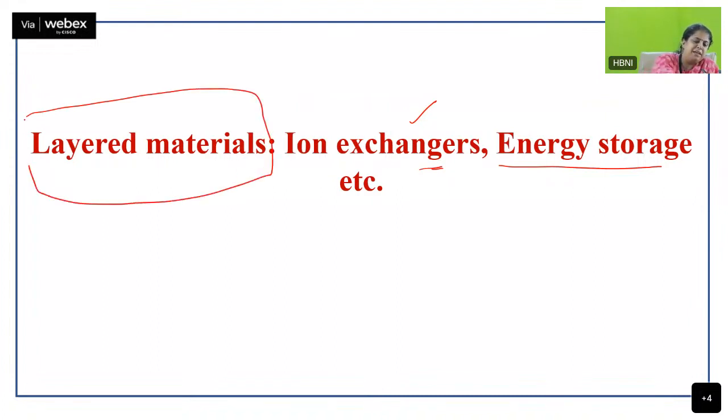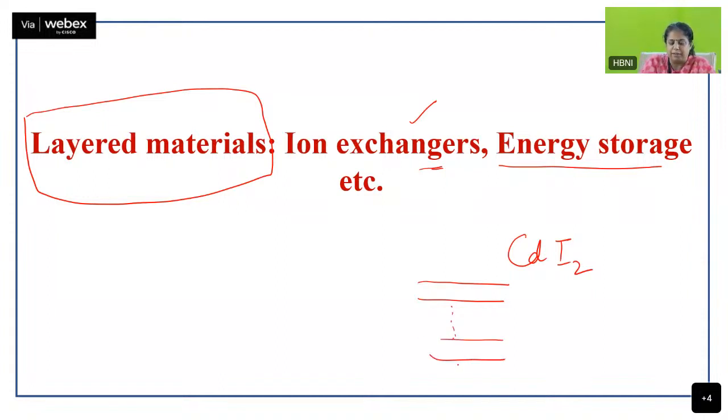What are layered materials? Not something new; you read of the layered structure in your second class as well. The structure of CdI2, wherein the bonding is such that two layers are strongly bonded to each other, but they are only weakly bonded to the third layer. And this gives the material a layered kind of property.